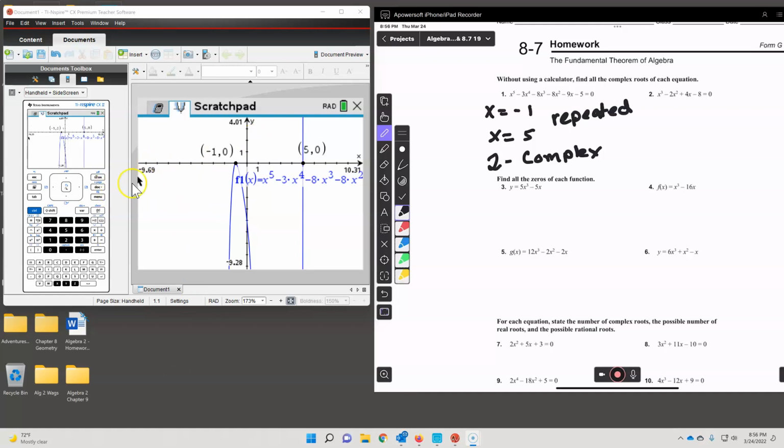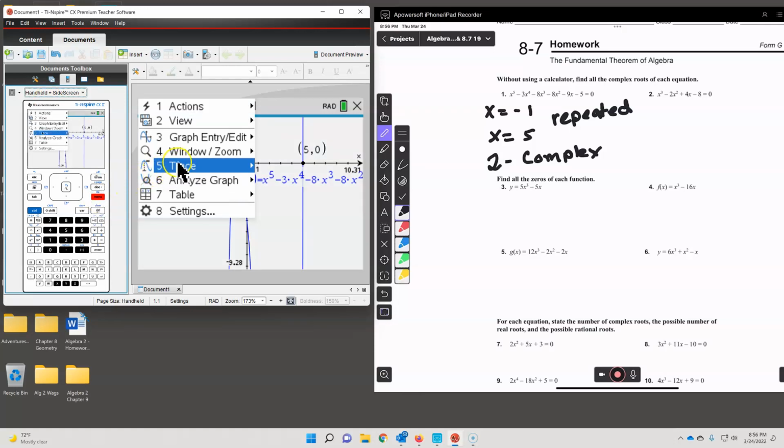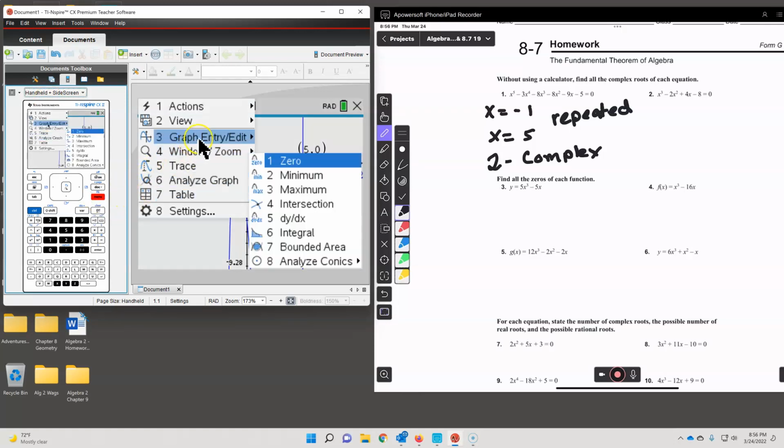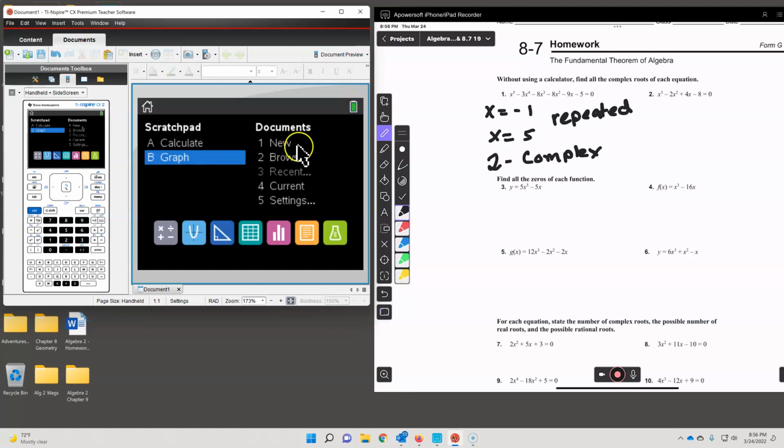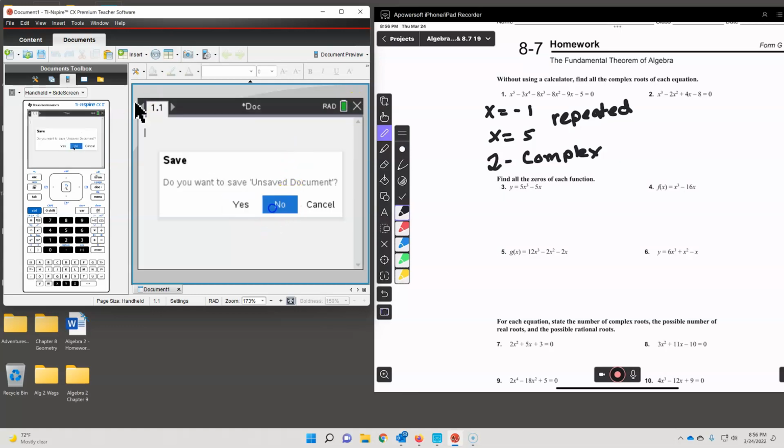So I'm going to go ahead and graph x cubed minus 2x squared plus 4x minus 8. So with your calculator, please follow my instructions. You're going to click out of here, and go to a new document.